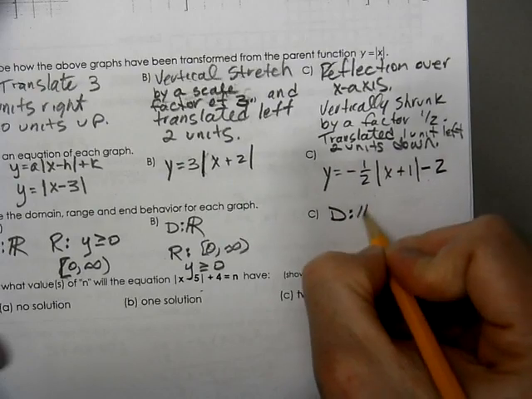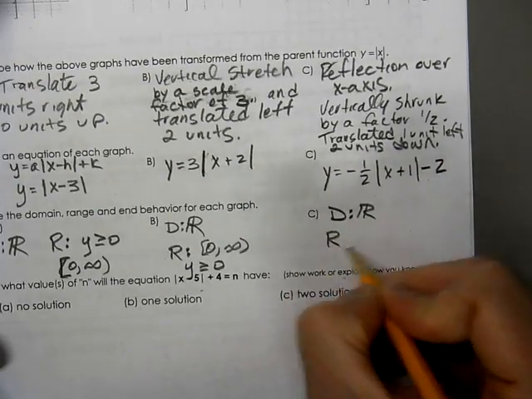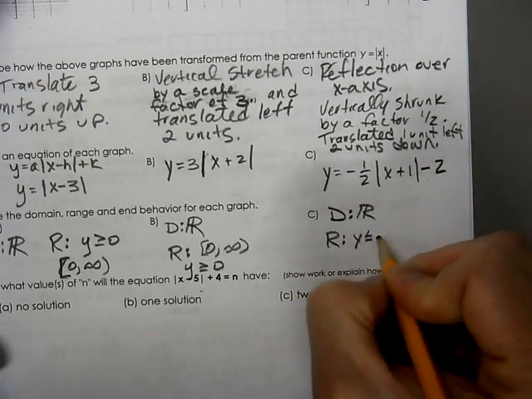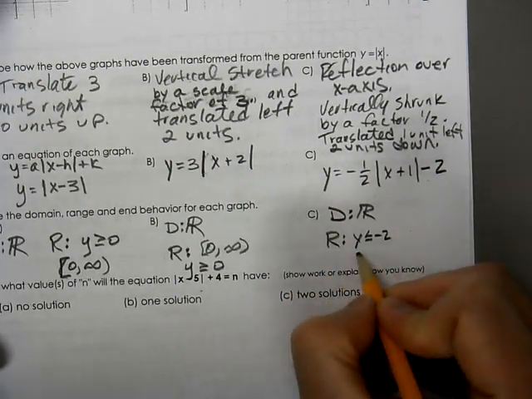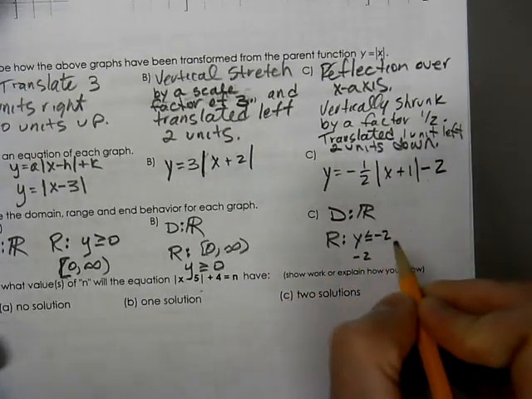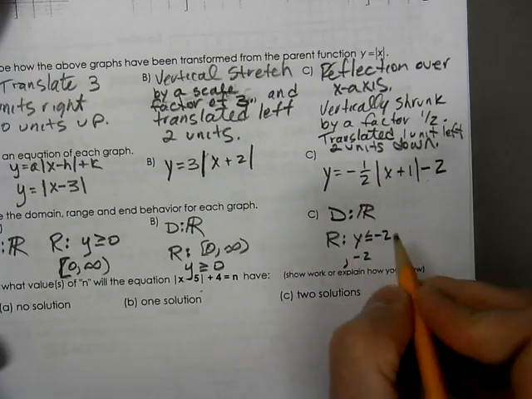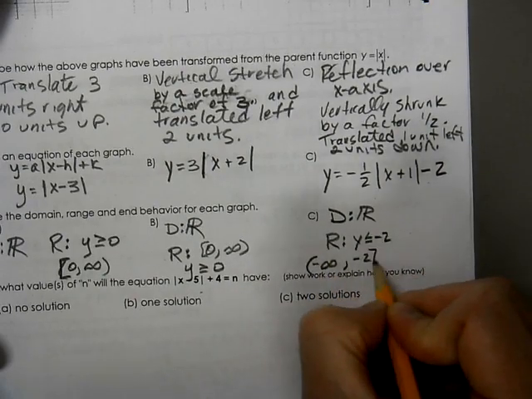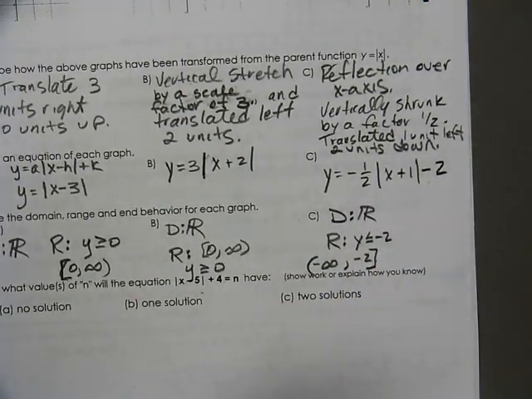Our domains are real numbers, and our range, the y value was less than or equal to negative 2, which would give us a negative 2, but that's actually the highest number. So the smallest number, when you write interval notation, you always write the smallest number first.